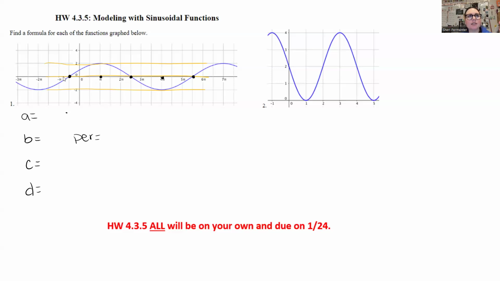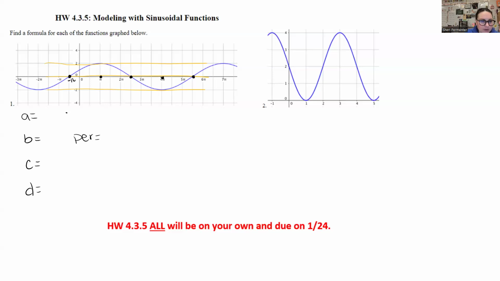So if this distance is negative pi, well, what's half of pi? Pi over 2. It's not meant to be a trick question. I'm choosing to start my graph where there's not a label, and I have to know what that is.